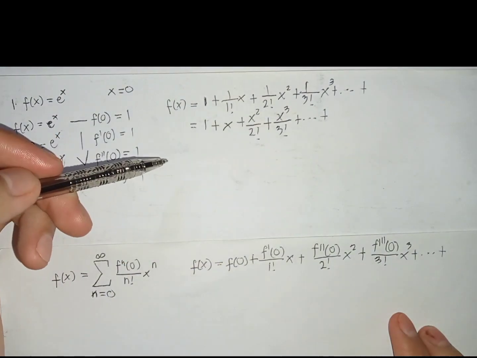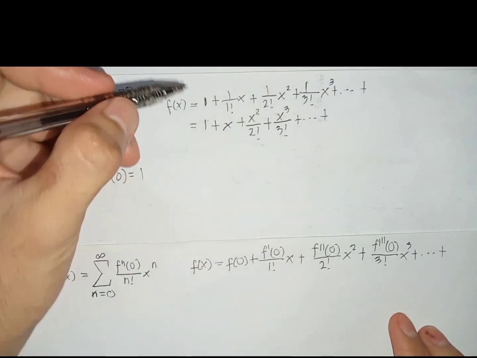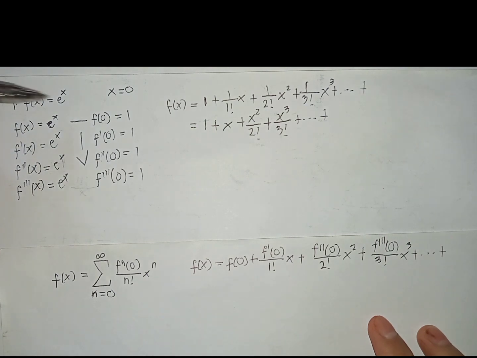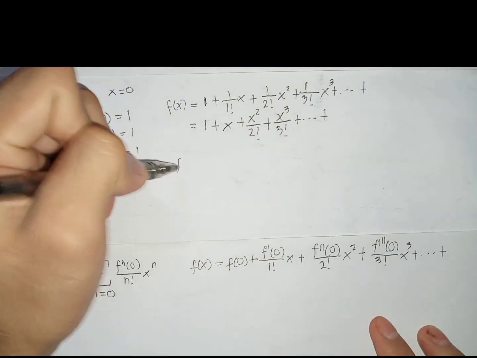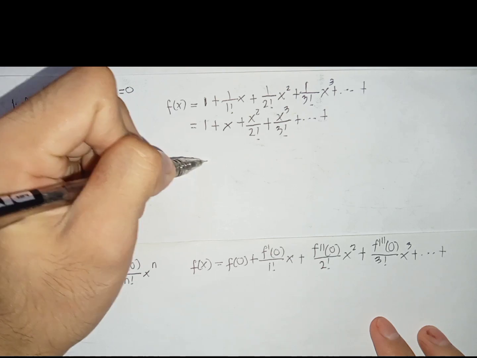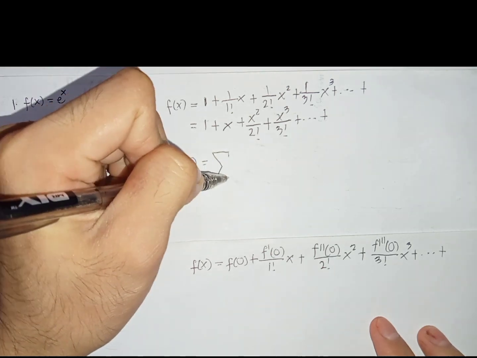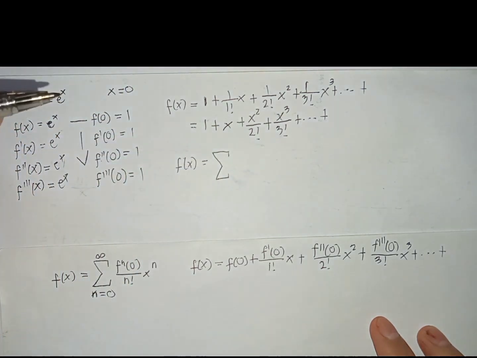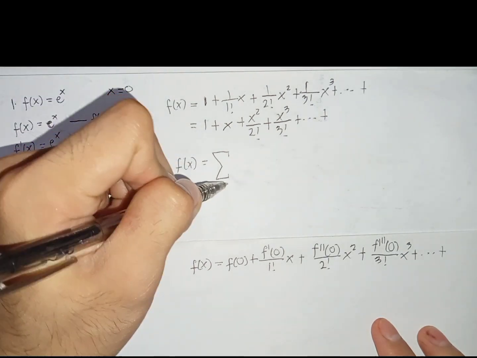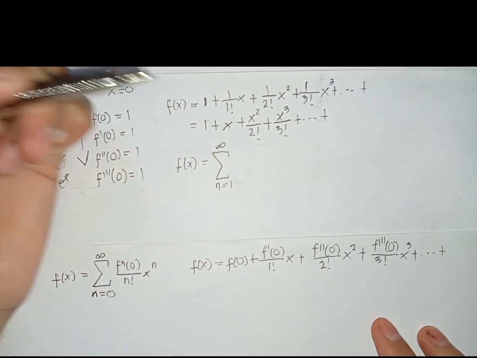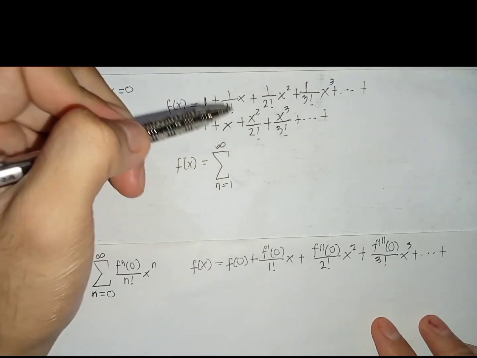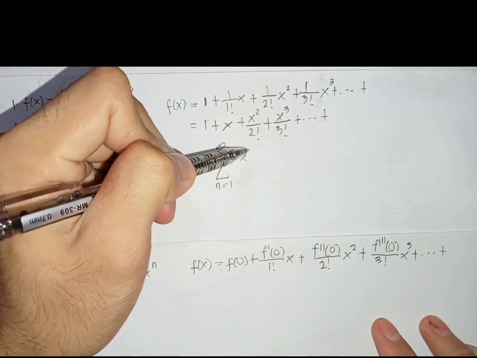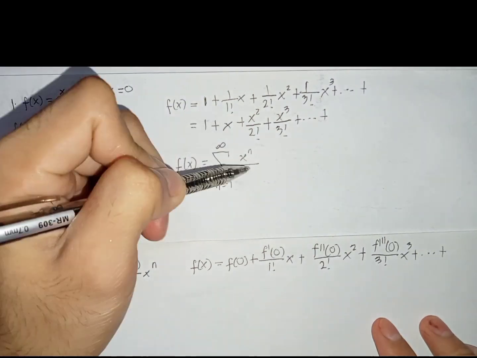For the fourth step, we can now determine the Maclaurin series of this function e raised to x. F of x equals the summation of n equals 1, because the first term is 1, to infinity, of x raised to n over n factorial.